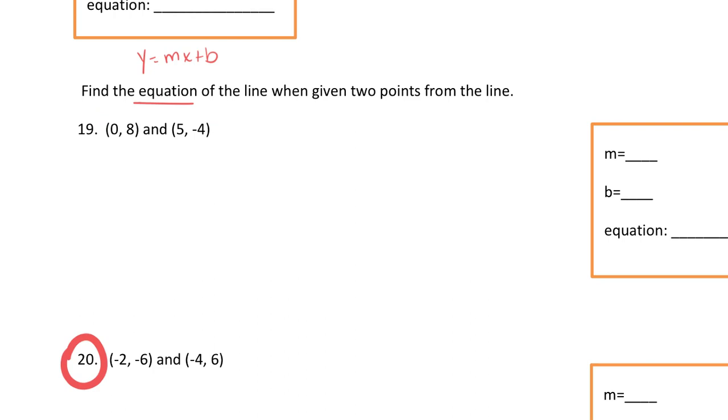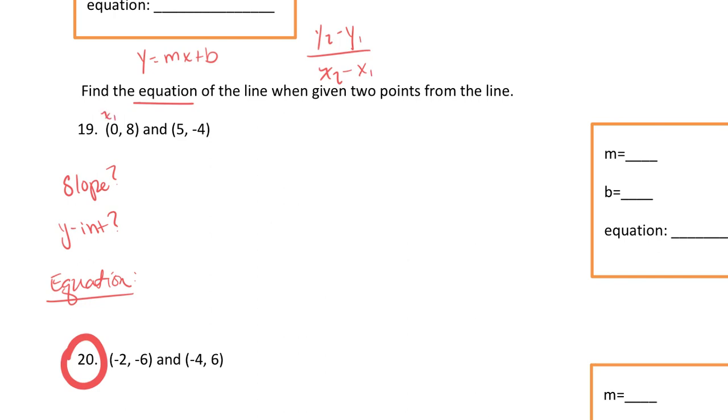Well, to write the equation of the line, what are the two things we need? We need slope and we need y-intercept. We have to have those two things to write the equation. Luckily for us, those aren't really that hard to find, because we've done this quite a bit already today. The first way to find the slope is to do the slope formula: y2 minus y1 over x2 minus x1.